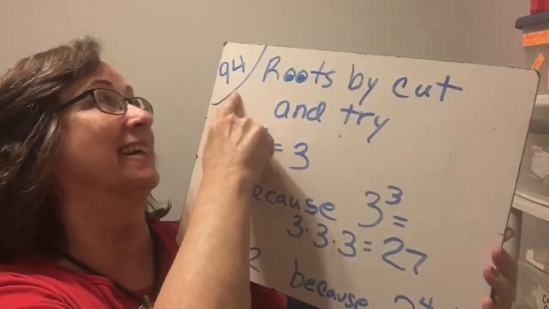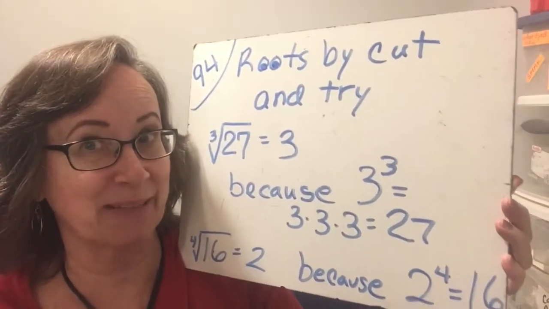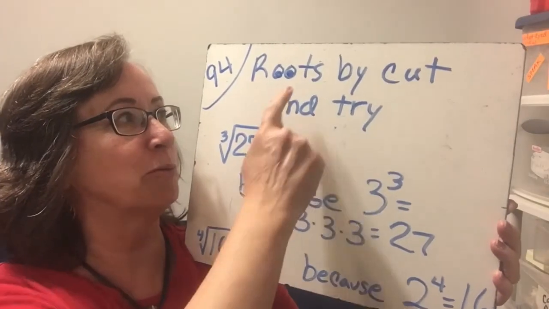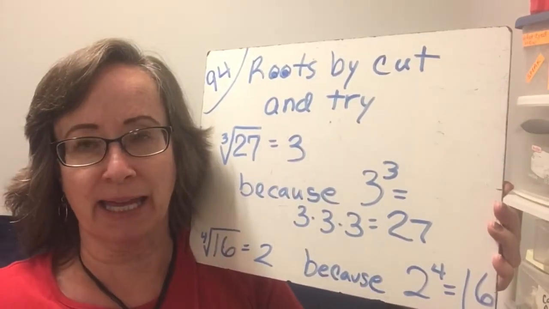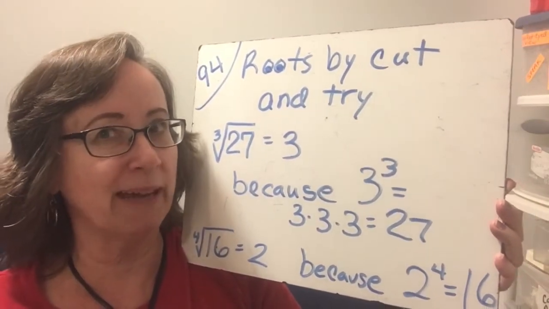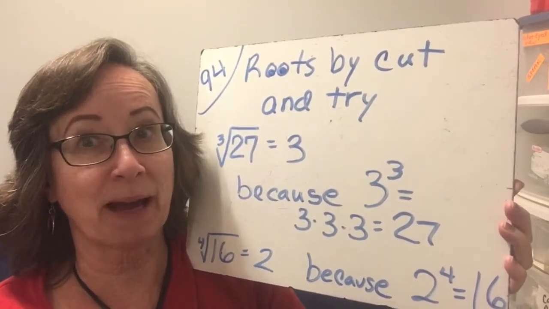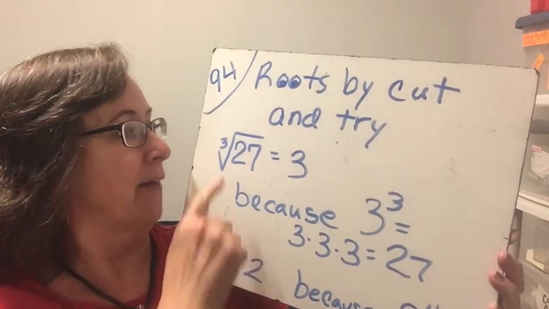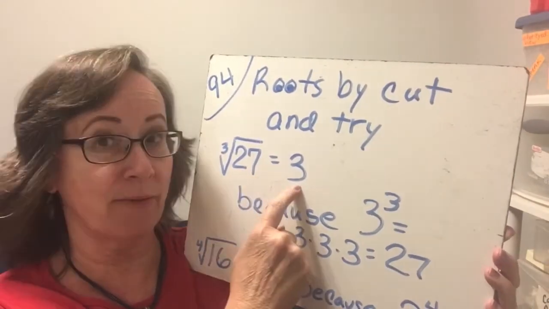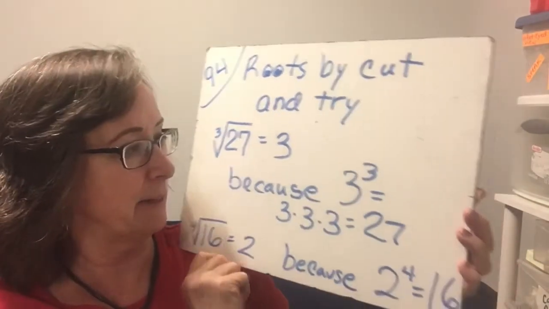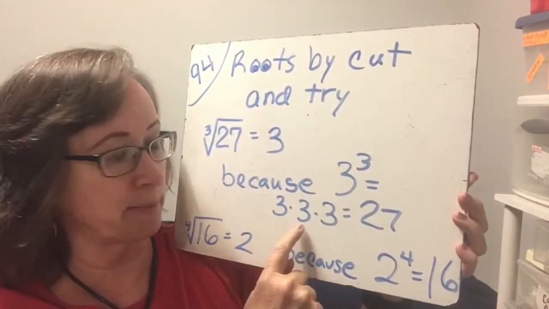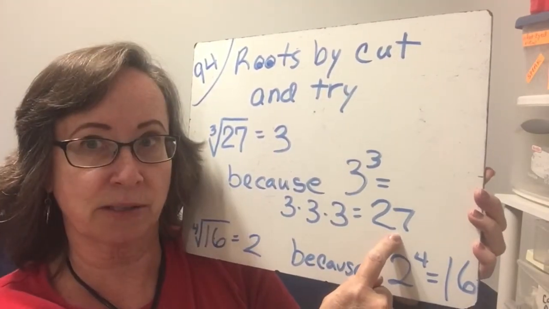And today we're doing lesson 94 in your Saxon Blue Book, and it's all about roots by cut and try. Up until this point, we have only worked with perfect roots, the ones that come out perfectly as even numbers. The cubic root of 27 is 3 because 3 cubed, or 3 times 3 times 3, equals 27.